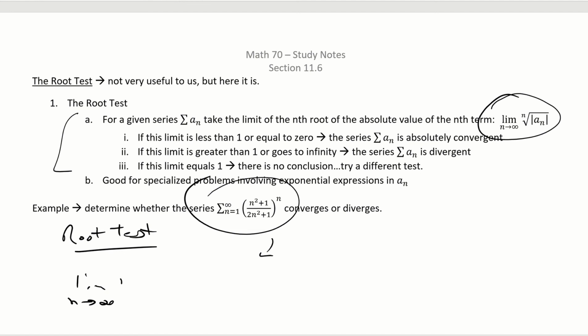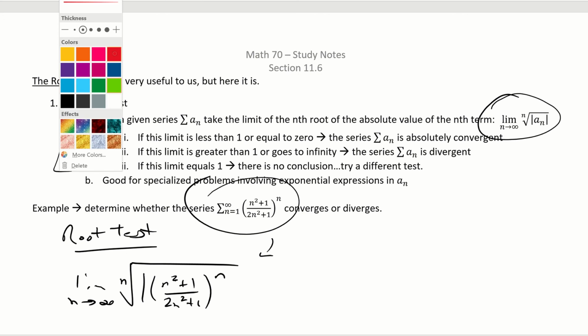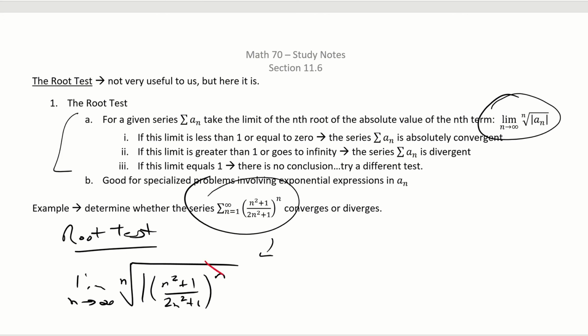You're going to take the nth root of the absolute value of this term, which is n squared plus 1 all over 2n squared plus 1, to the nth power. Without even thinking what those terms look like, you're just basically going, I'm going to run this test, and this test is telling me I can cancel the nth root with the nth power. This is really good if you ever see the nth power of the terms.